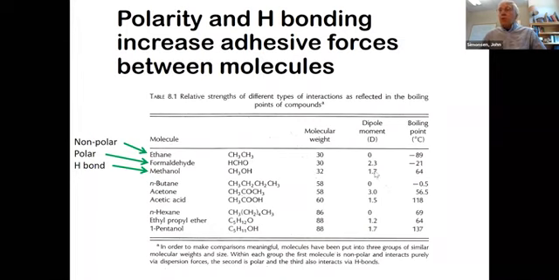You have a dipole moment, but it's weaker, but you have hydrogen bonding. Now, hydrogen bonding brings the boiling point up to 64. So again, you've got an enormous increase here. And these are other examples, and they do the same thing. So it's not just these particular molecules. Nothing magic about those. What's magic is the difference between nonpolar, polar, and hydrogen bonded.